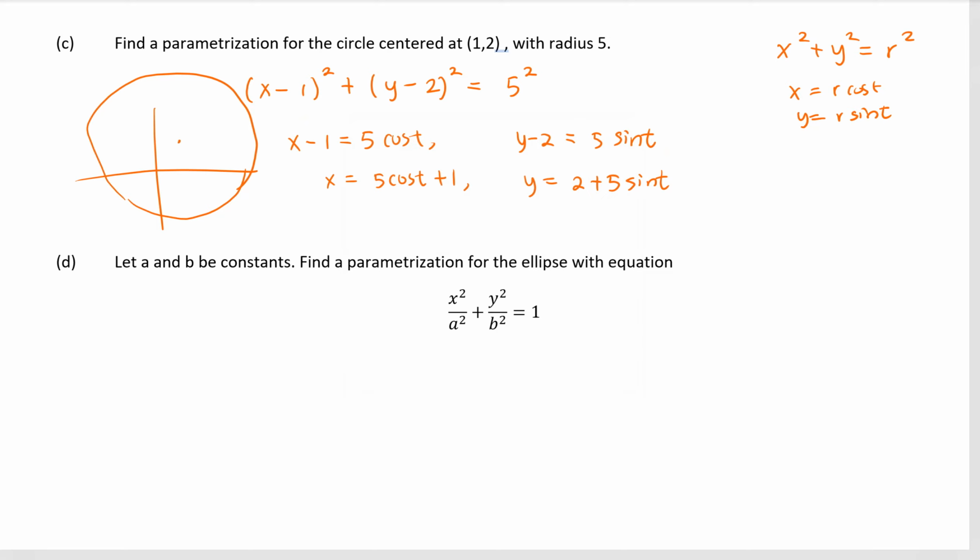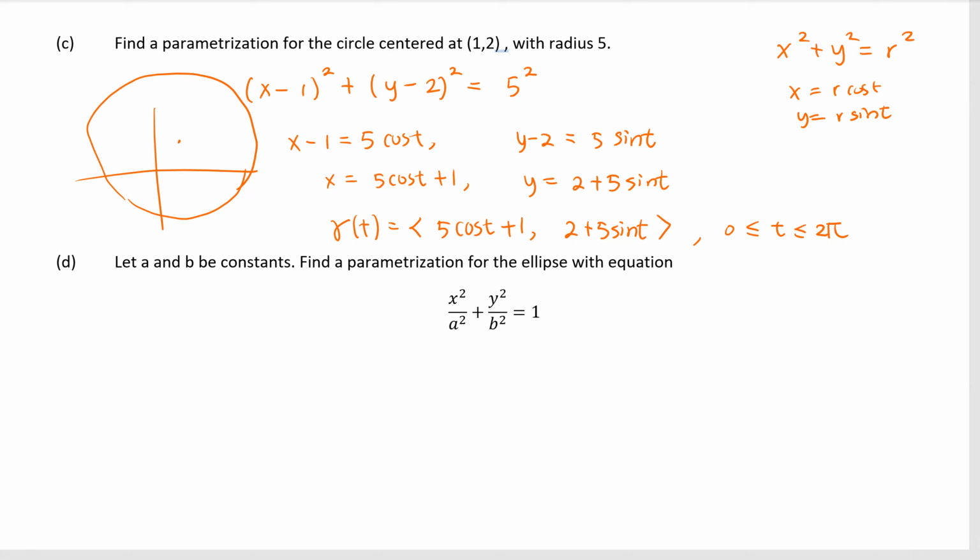So gamma of t equals: x is 5 cosine t plus 1, y is 2 plus 5 sine t. We also want the whole circle, so t goes from 0 to 2 pi.